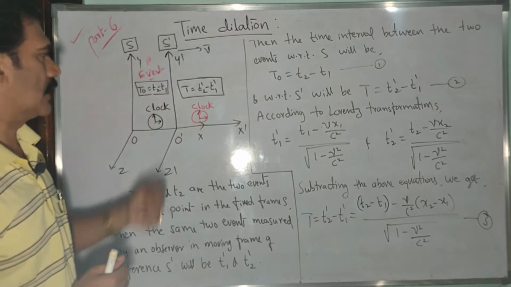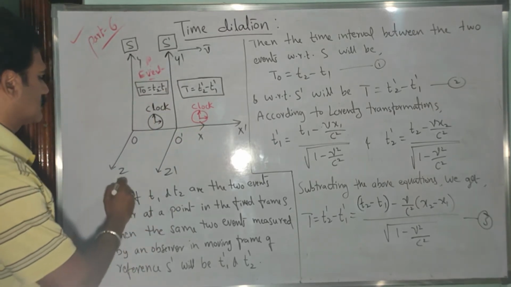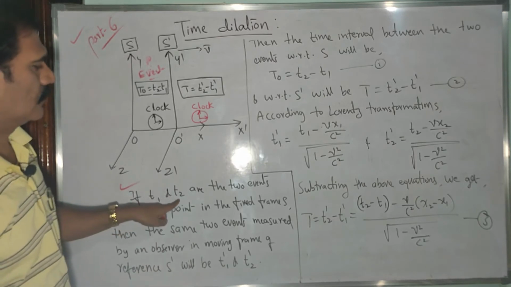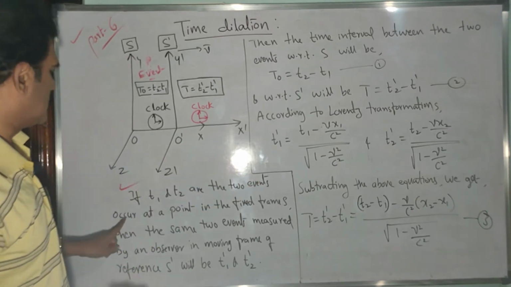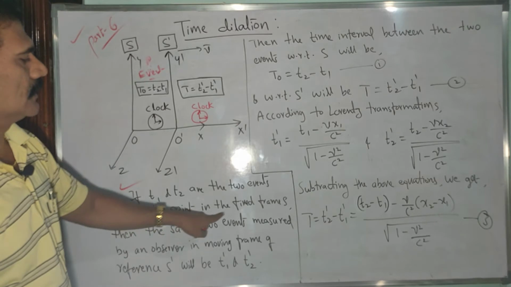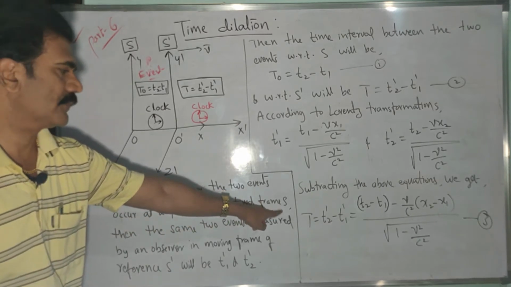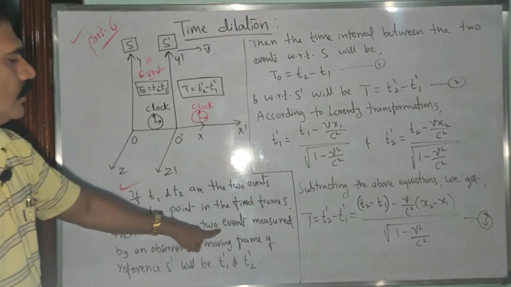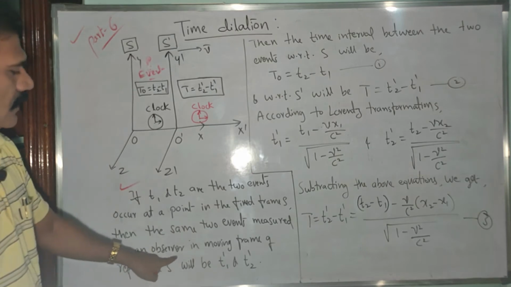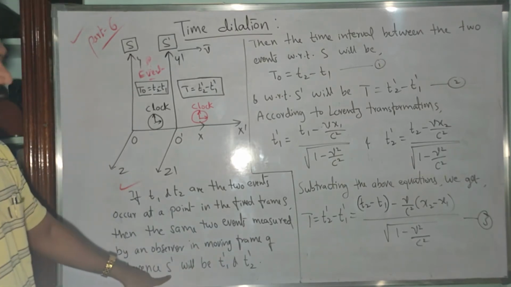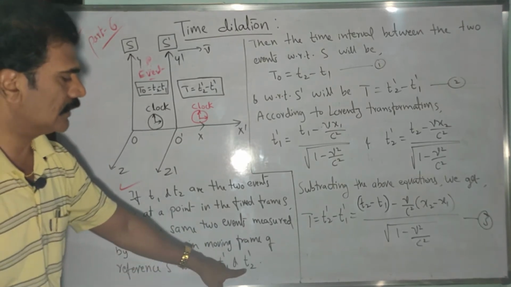With respect to this diagram, as I said already, let us consider that T1 and T2 are the two events occurring at a point in the fixed frame S. Then the same two events measured by an observer in the moving frame of reference S dash will be T1 dash and T2 dash.